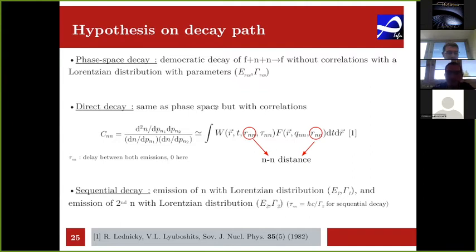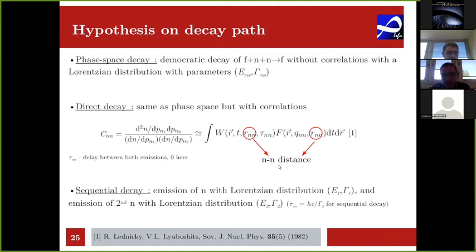We can also consider the direct decay, which is the same as the previous one, but with the neutron-neutron correlation, that we account for with the C_nn, which is the neutron-neutron correlation function that can be approximated to this integral, in which there is a part W, which is the nature and the characteristics of the neutron source, and F, which is the final state interaction.